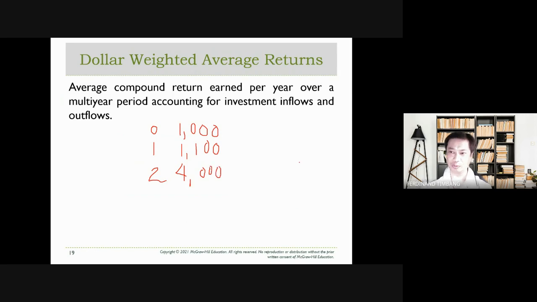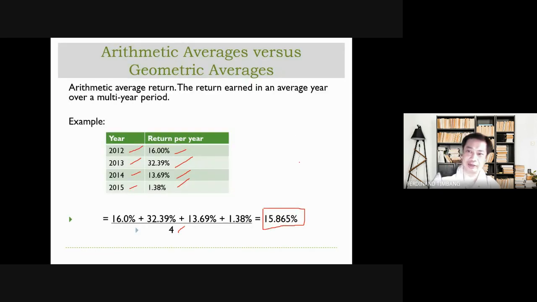So paano makukompute yan yung return mo dyan? Di ba? Eh dito sa arithmetic average at saka geometric average, we're getting yung return per year. Di ba? Per year lang yan. At dito, walang pumapasok na deposit and withdrawal. May deposit lang siya, pero walang withdrawal. So kaya nakukuha natin yung return ng ganyan.